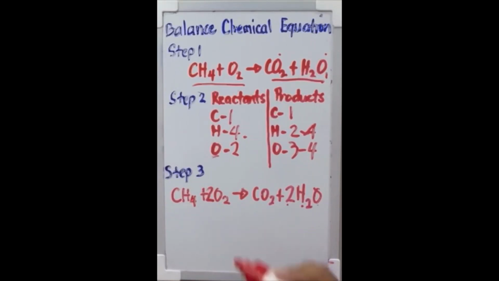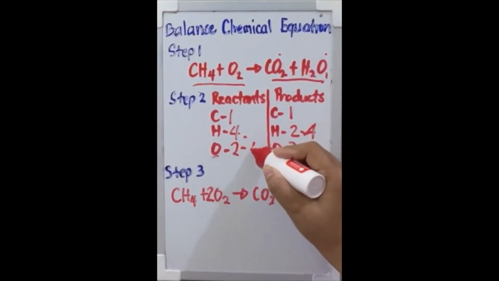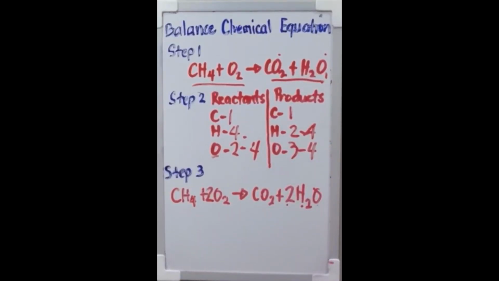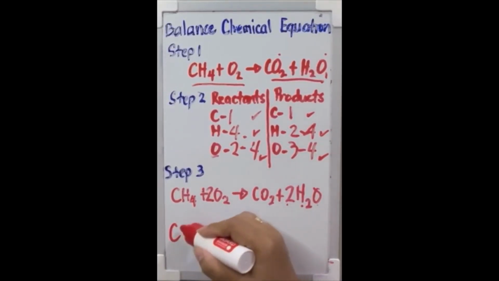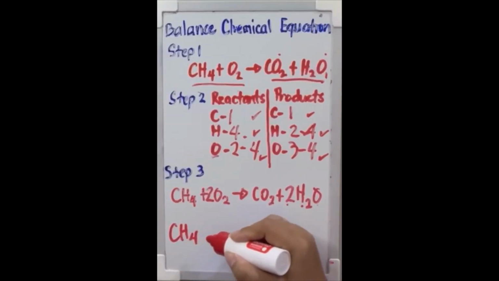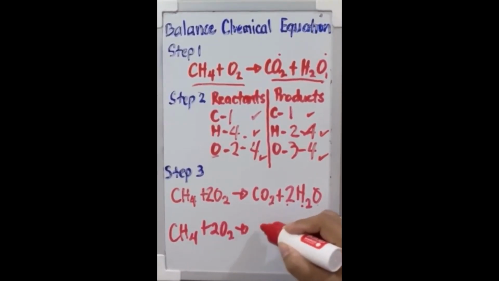When we multiply 2 times 2, this gives us 4. So checking, we have carbon 1 and 1 on the product side, hydrogen 4 on both sides, and the same with oxygen, 4 on both sides. So the final balanced equation is CH4 plus 2O2 produces carbon dioxide plus 2 molecules of water.